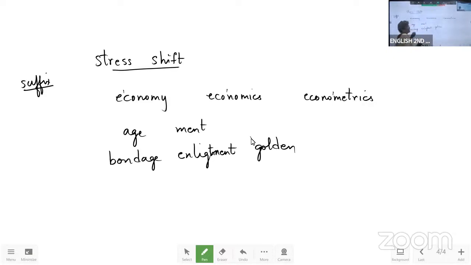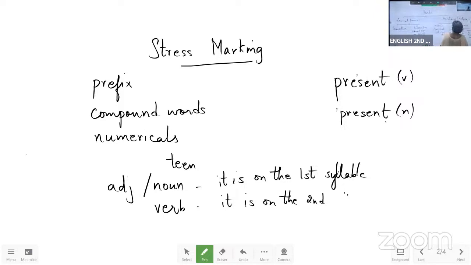Here, like I said, every time there are exceptions to rules. The stress shift is found in certain words, but certain words with endings like A-G-E, M-E-N-T remain in the same position. They do not change. So with this, we complete the stress shift.